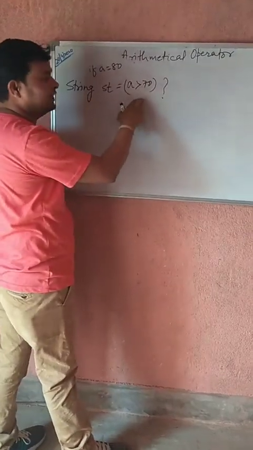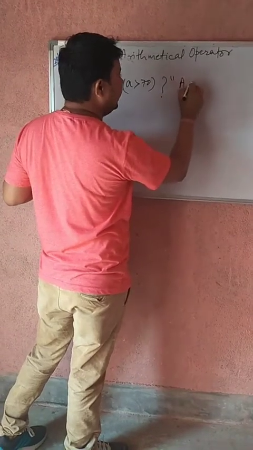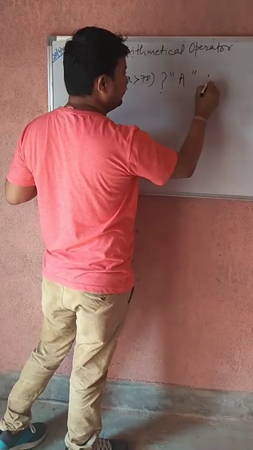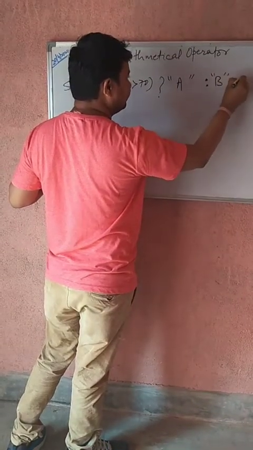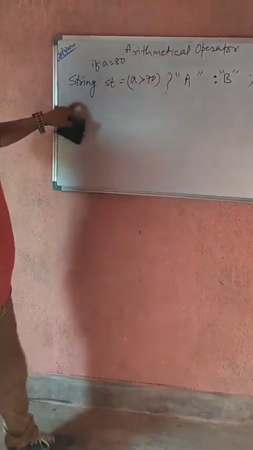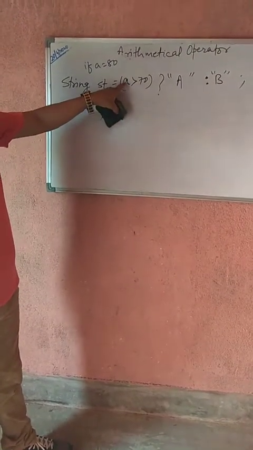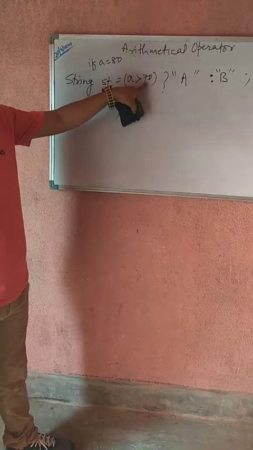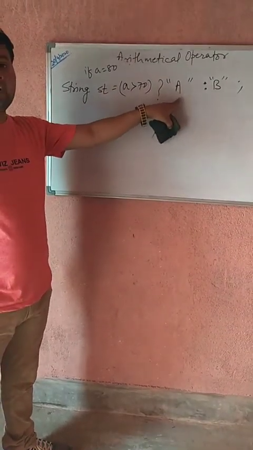But we are considering numerical. So if it is given, then just A, otherwise B. See, this condition says if this condition becomes true, it means the value of A is 80, so 80 is greater than 70. It is true. True means which one will it store?